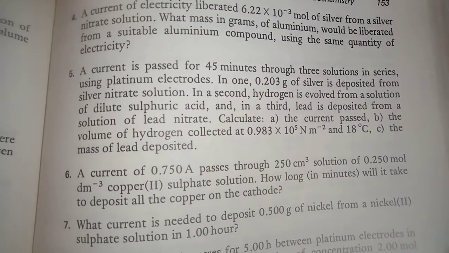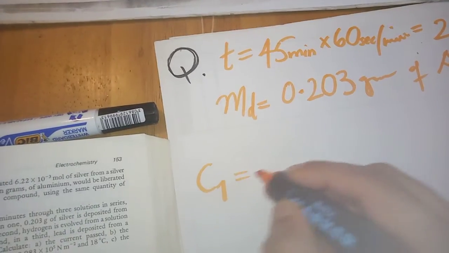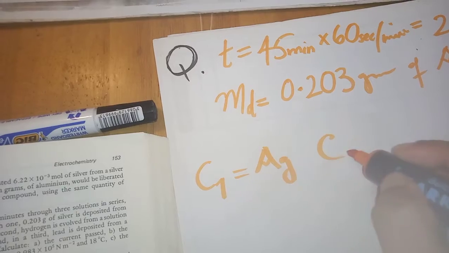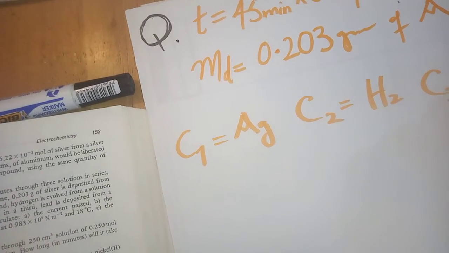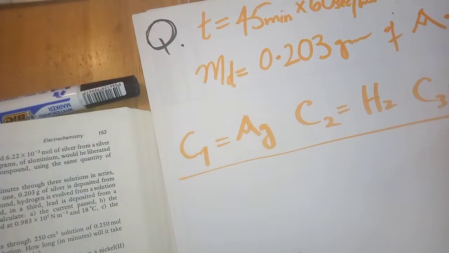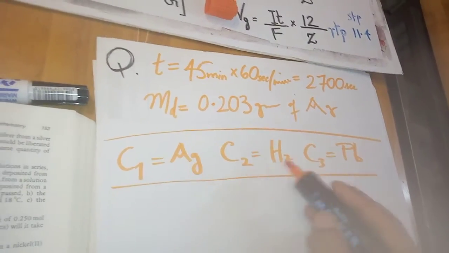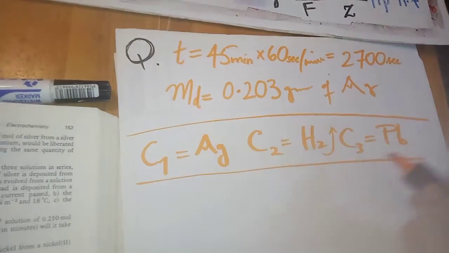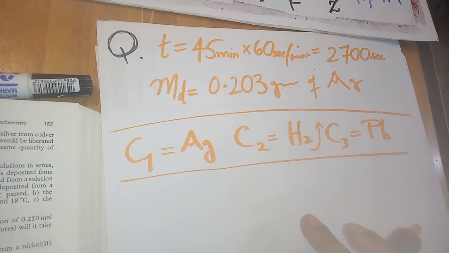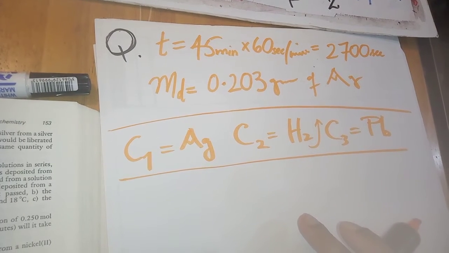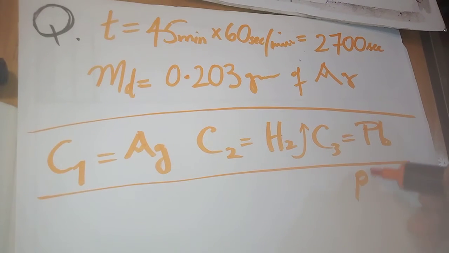So it's got 3 cells. Cell 1 is to do with silver, cell 2 is to do with hydrogen, cell 3 is to do with lead deposition. So cell 1 silver, cell 2 hydrogen being evolved, and cell 3 is lead deposition. And this is from a solution of lead nitrate.